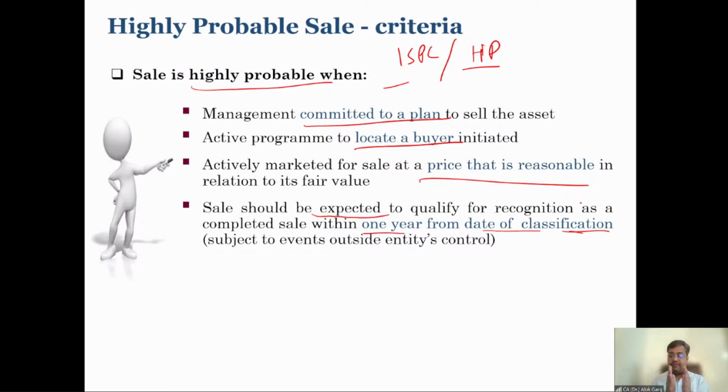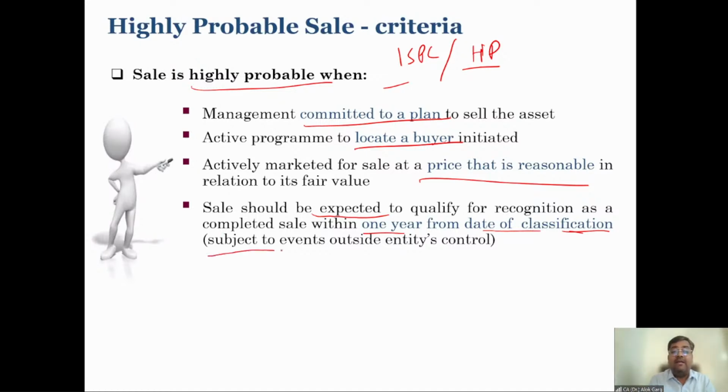Okay. So today we have classified this asset as held for sale. So will the sale be completed within 1 year from today? Answer is yes, subject to events outside the entity's control.